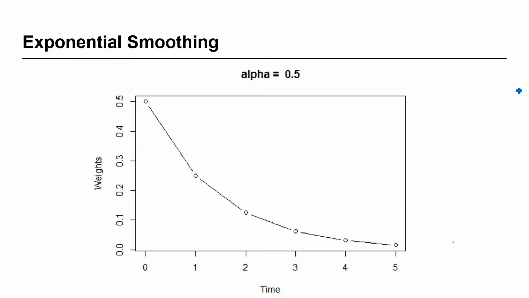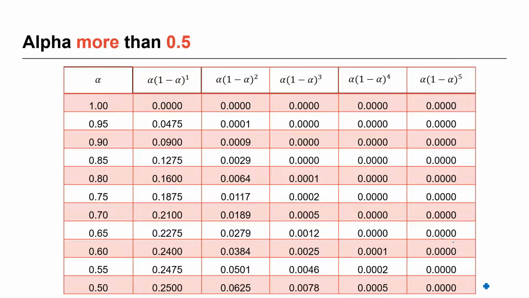Now, let us look at this table. You will be able to see that as you keep increasing the value of alpha beyond 0.5, you end up giving more and more importance to only a few observations in the past and give near zero importance to the observations beyond that.